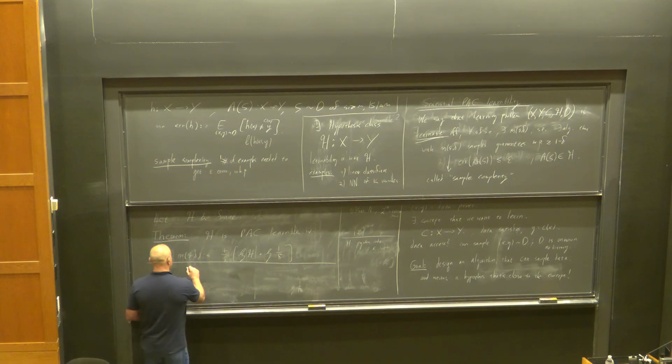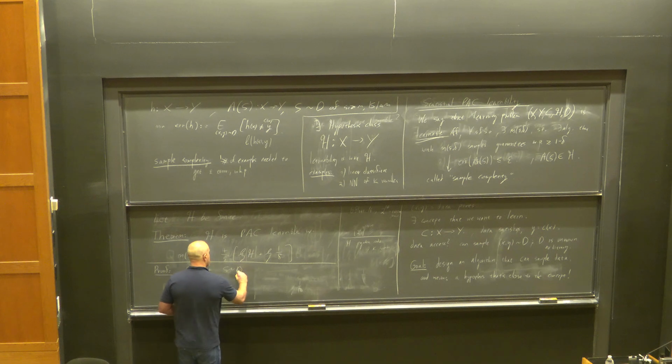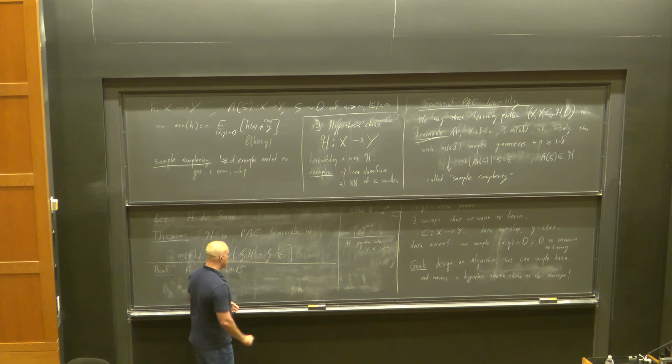So my algorithm is going to be: pick sample S from D to the M. I think Rafael, you always wanted the power M. That's what bothered you before, the product. So pick S from D to the M, and I will pick the size later.